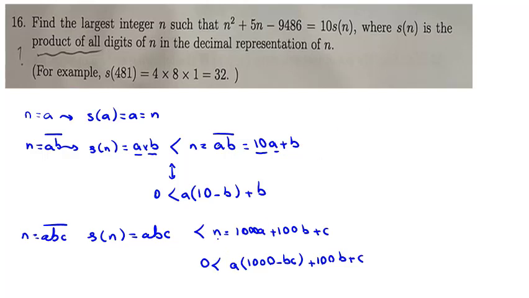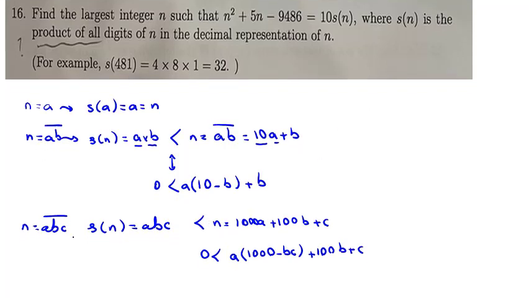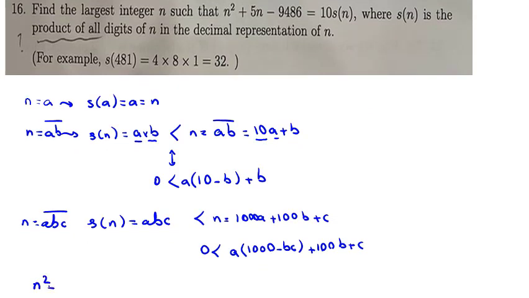Now here we conclude what? We can say n squared plus 5n minus 9486 equals 10 s of n. This one is less than, so look at the problem, it says find the largest integer n. Or we can also write less than or equal to 10n.